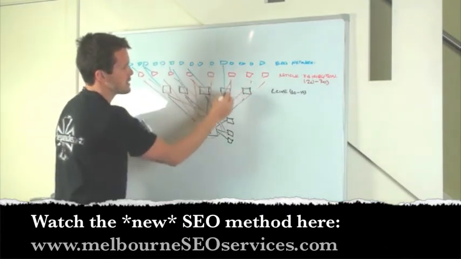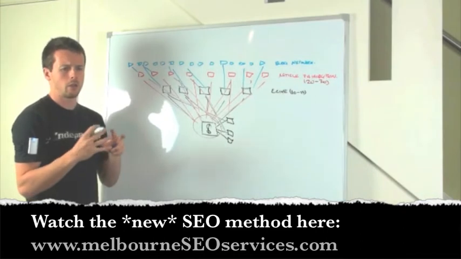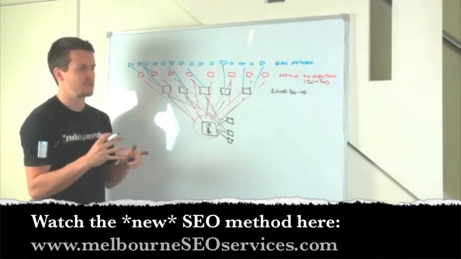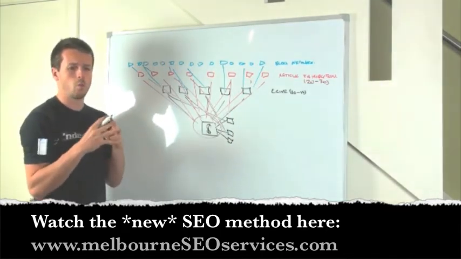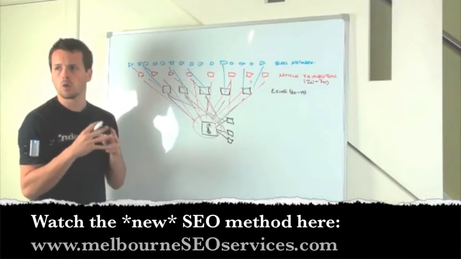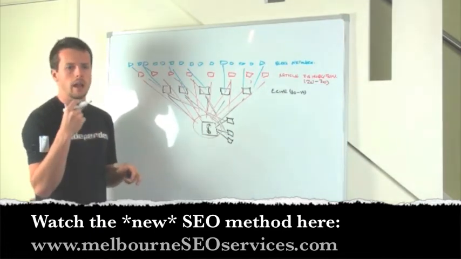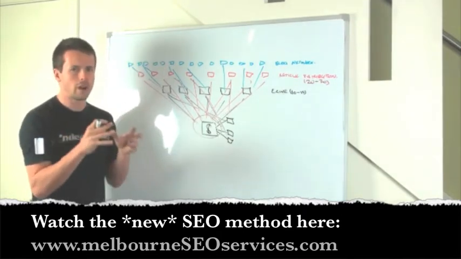Now, each one of these articles, depending on the level at which you want to take it, and a lot of this, we talk about good SEO rules of thumb and standard practices in the course. It really does depend on what keywords you're going after. If you're going after mortgages or credit cards or things like that, you're going to have to be a lot more aggressive and careful on what it is that you're actually doing.